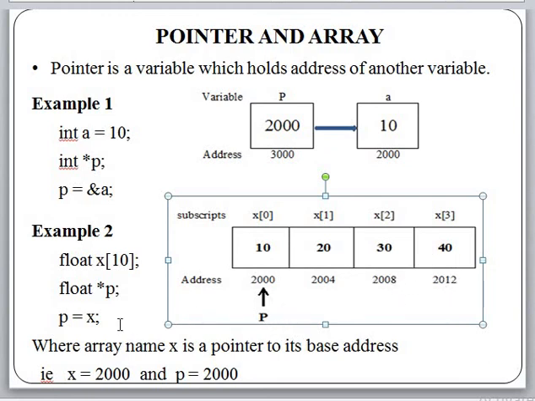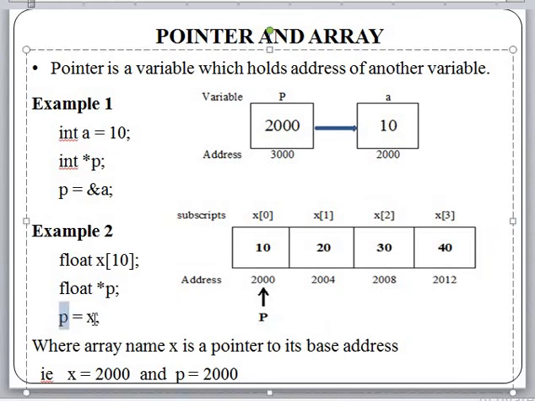So here I created a pointer for this variable x. X is the base address, which, as I mentioned, is the starting address of the array. The starting address of this array is 2000, and to this 2000 I created a pointer. Just by having x it is possible to access this, but we have to use pointers in this program, and that's why we created a pointer for these array values.